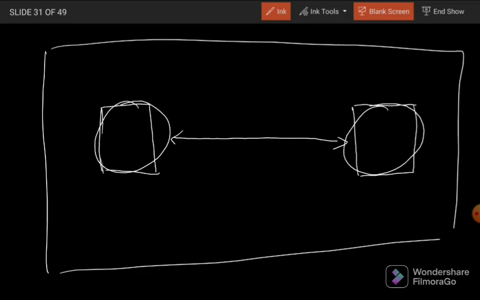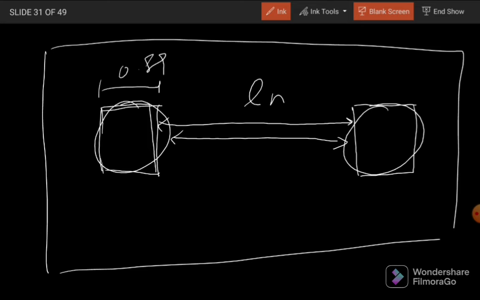Then the distance between the faces of these two equivalent squares will be Ln. So the dimension of this square will be equal to 0.89 of the diameter or the depth of this circular section.